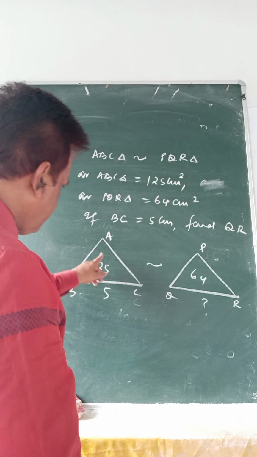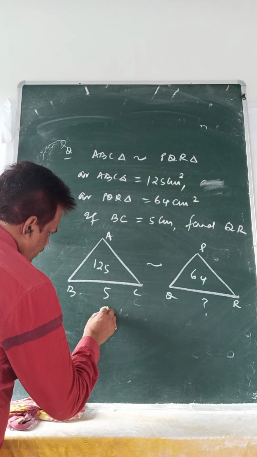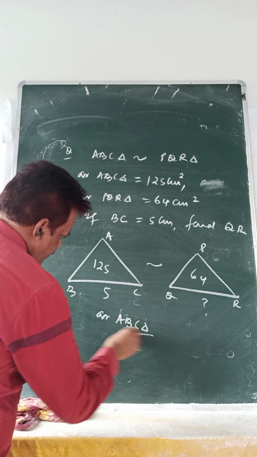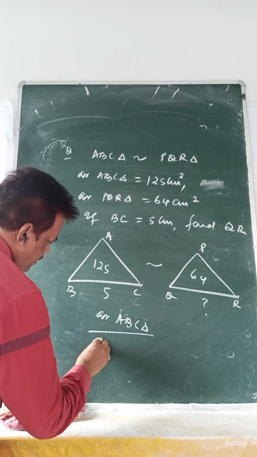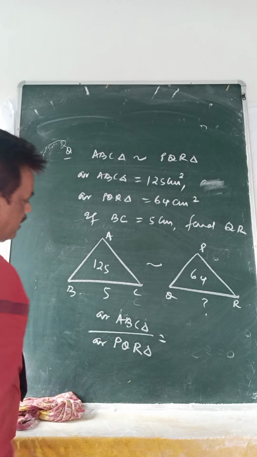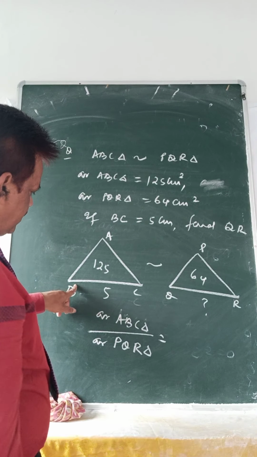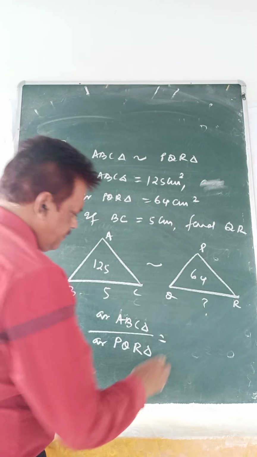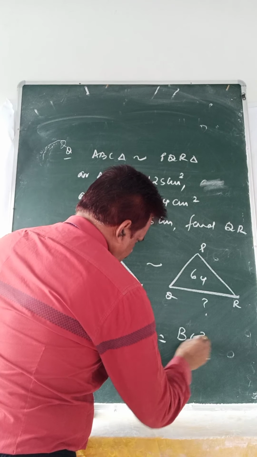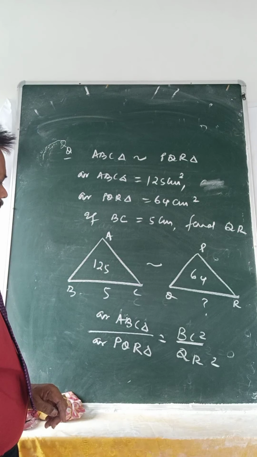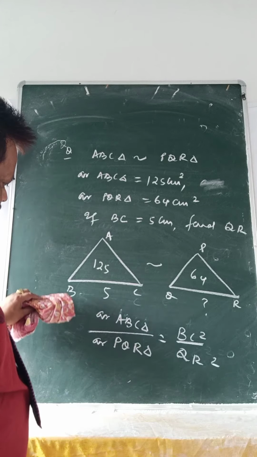So what will be the formula? Area of ABC triangle by area of PQR triangle, square of the corresponding side. Which side is given, that we will take: BC square by QR square. Now what do we do? Put the values.